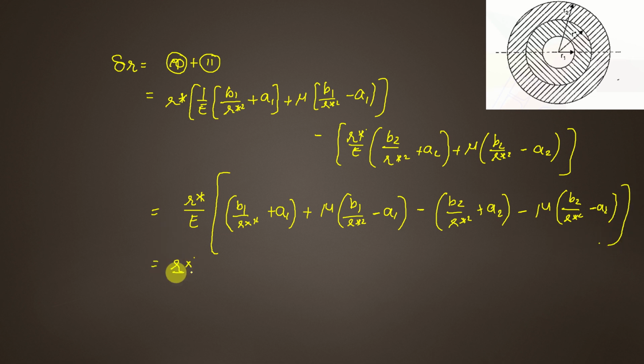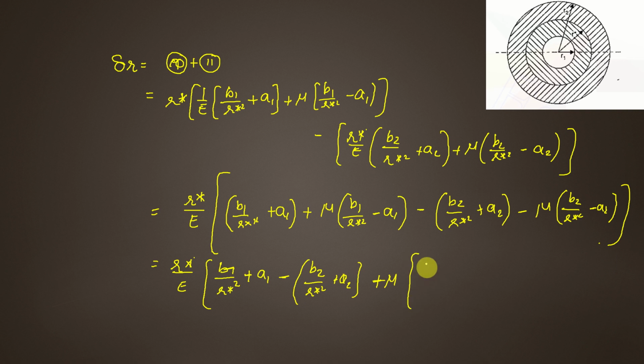So R star by E, I will now write these two terms together: B1 by R star square plus A1, minus B2 by R star square plus A2, and what is remaining here, plus mu into B1 by R star square minus A1 minus B2 by R star square minus A2.